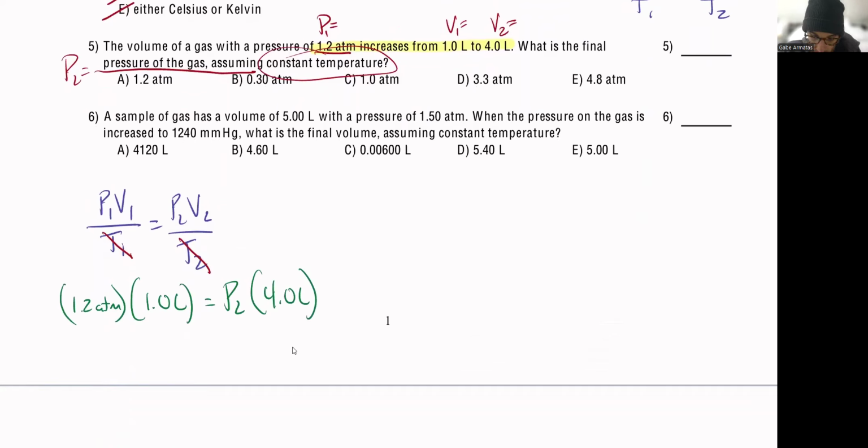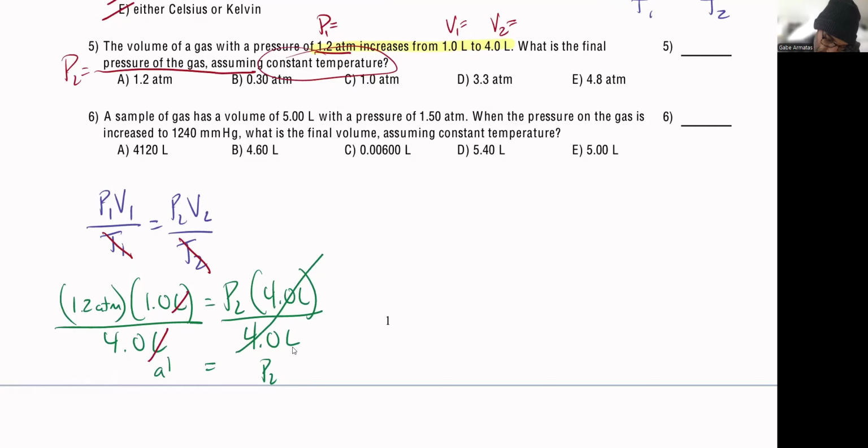Okay. So I'm going to divide both sides by 4 liters. Liters will cancel on that side, leaving behind P2. Liters cancels here, leaving behind atmospheres, which makes sense because I need it to be a pressure.